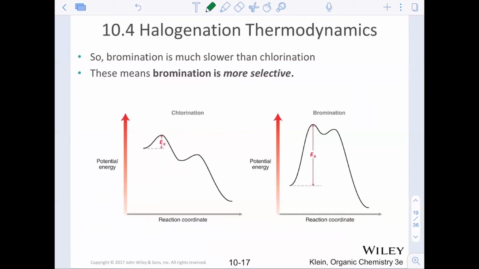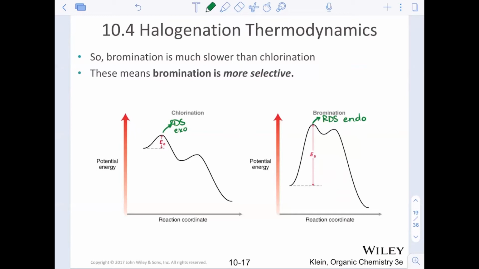Bromination is much slower than chlorination. This means that bromination is going to be selective. That first step, the rate determining step, is either going to be for chlorine, exothermic, for bromine, endothermic.